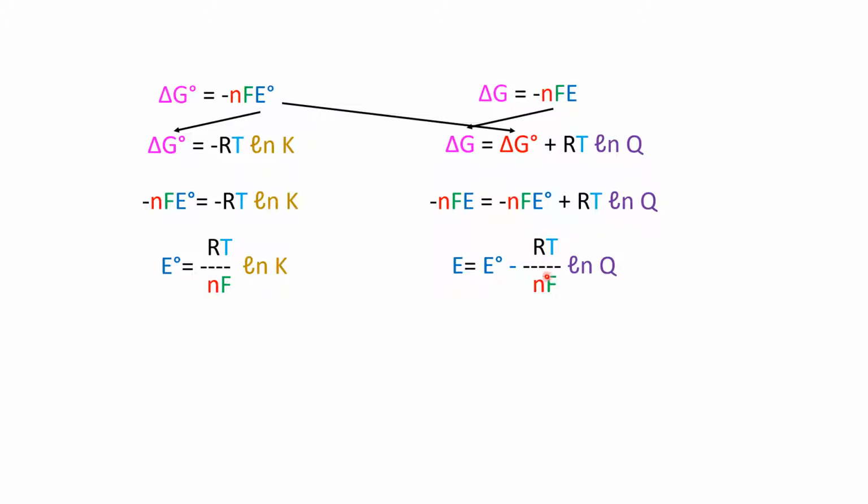And you get a little number that was 0.0257 if you're using natural log, or 0.06 if you're using log to the base 10. So you'll sometimes see the Nernst equation written that way. I would recommend that you remember it like this, okay?